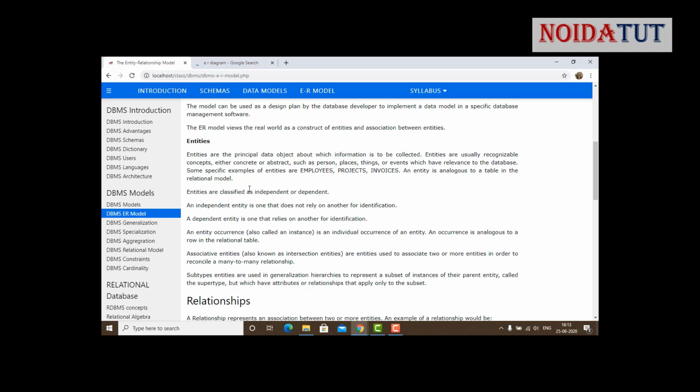An entity occurrence, also known as an instance, is an individual occurrence of an entity. An occurrence is analogous to a row in the relational table. Associative entities, also known as intersection entities, are entities used to associate two or more entities in order to reconcile a many to many relationship.